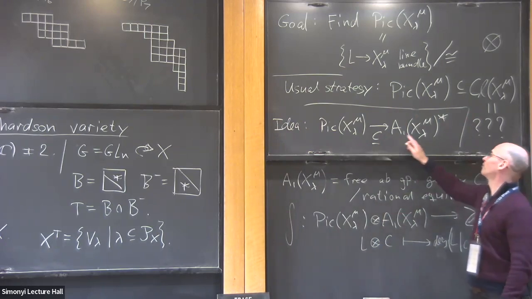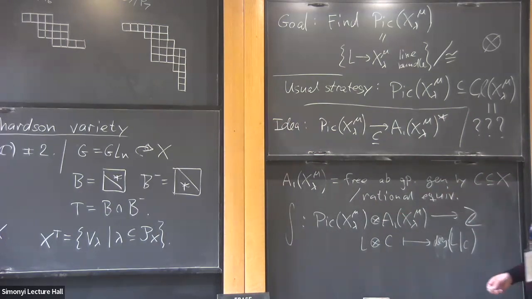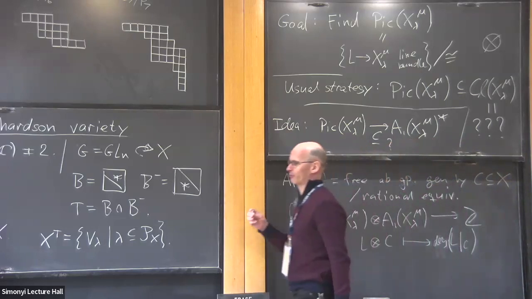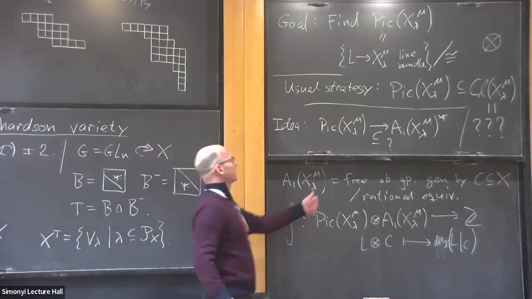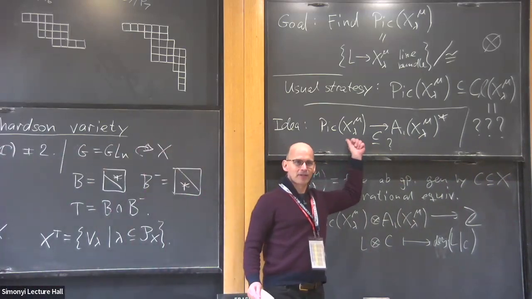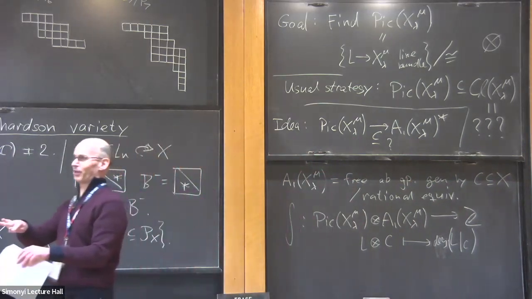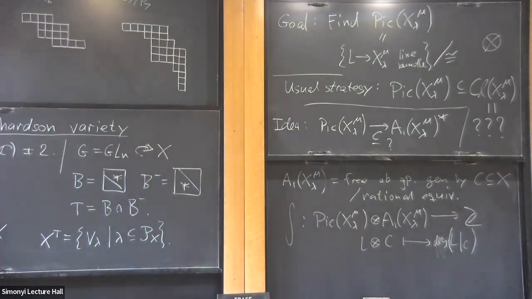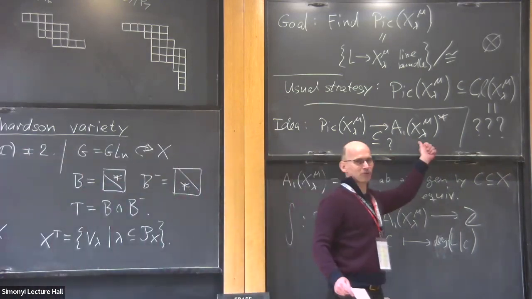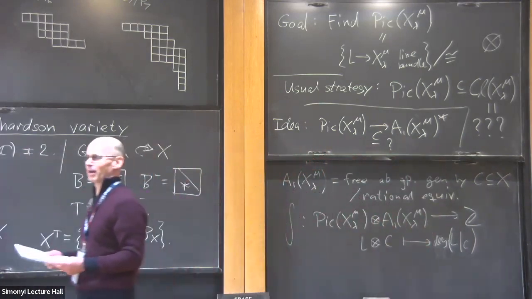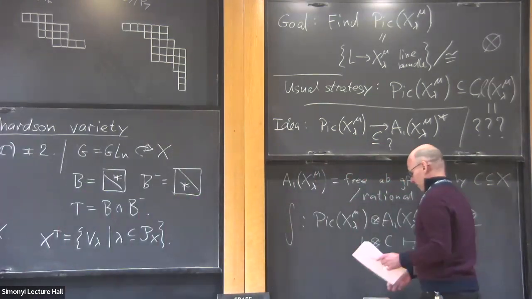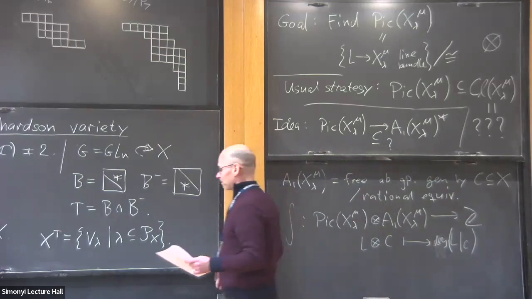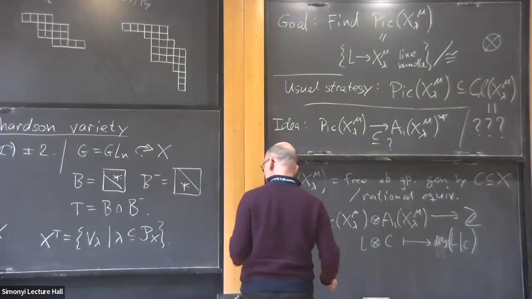The Picard group might also be a subgroup of the dual of the first Chow group. Well, in good situations, there are certainly cases where this is not true. For example, if I have taken an elliptic curve here, then the Picard group is the elliptic curve itself, which is a group cross the integers, and the first Chow group is just the integers. So certainly that is not an injective map, but it works out for cominuscule Richardson varieties and beyond. I should also say something about what is known.